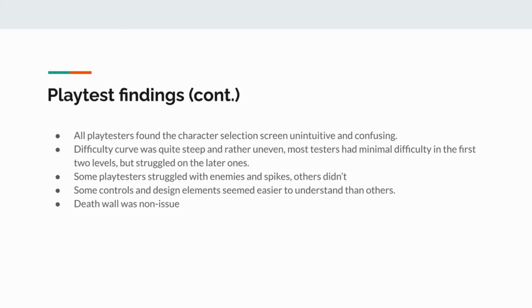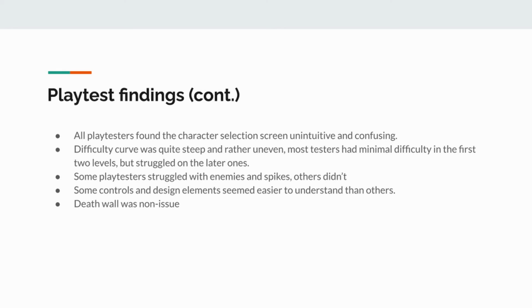A few of our playtesters had issues with the enemies and spike traps. One playtester in particular was killed by the same enemy 7 times, and by spike traps in that same level 3 times. These were another area we had expected to need some work, which is why we tried to note down whenever a playtester died to either of those mechanics, and in several of our post-game interviews we asked the playtesters about those mechanics specifically.